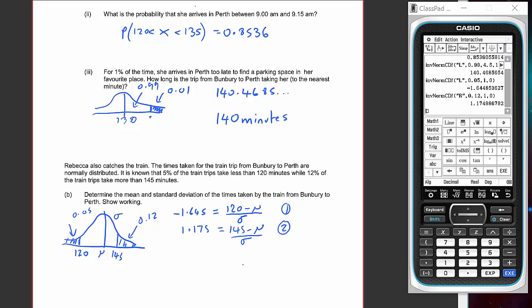And of course, we can use the simultaneous equation solver on the calculator to solve them. So, what do we have?